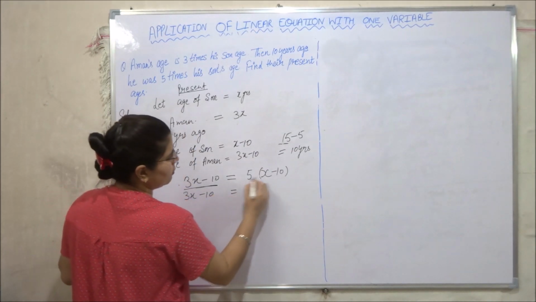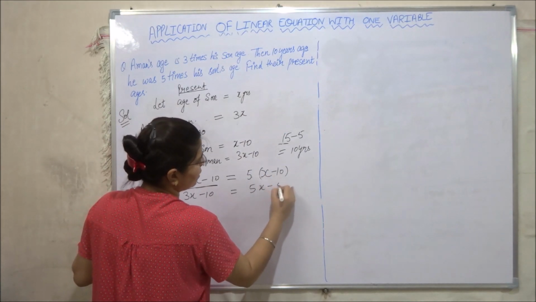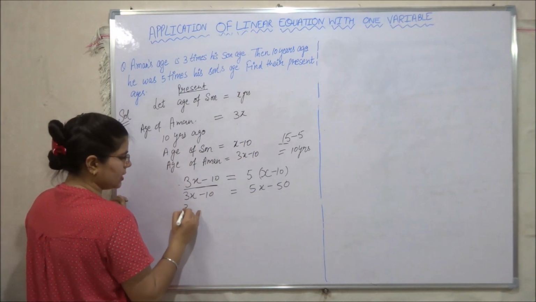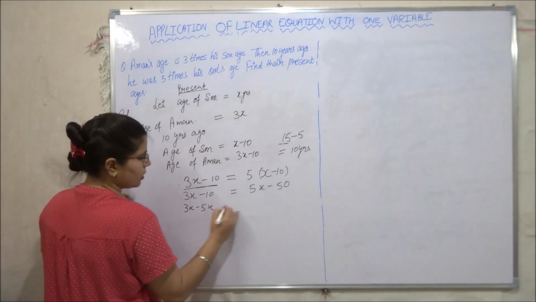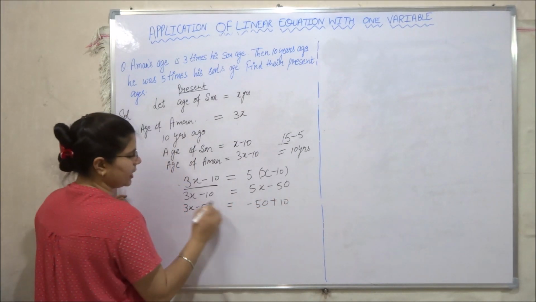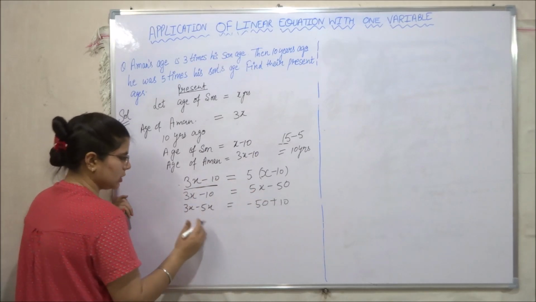Now we will solve 5 into x, 5x, 5 into 10, 50. Now separating the like terms, 3x minus 5x equal to minus 50 plus 10. Whenever you are taking from left to right, negative sign will be changed into addition.